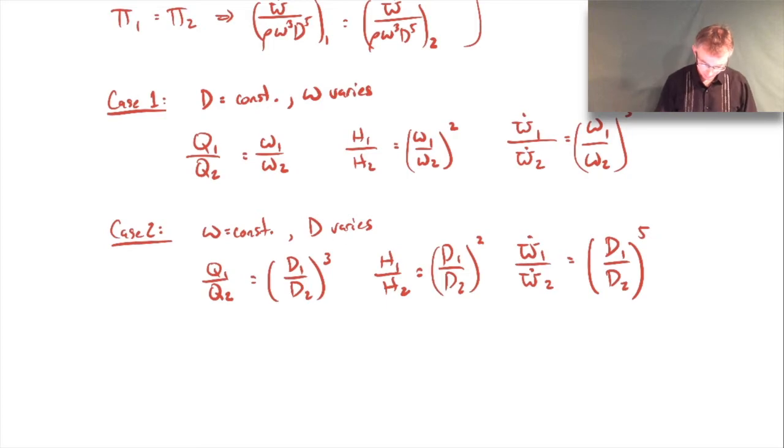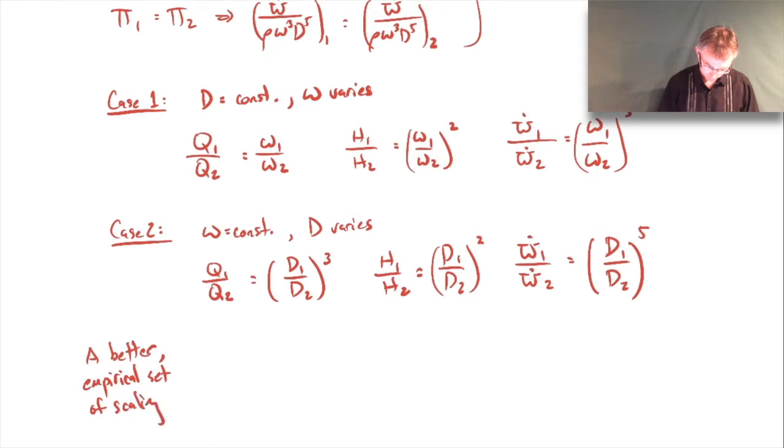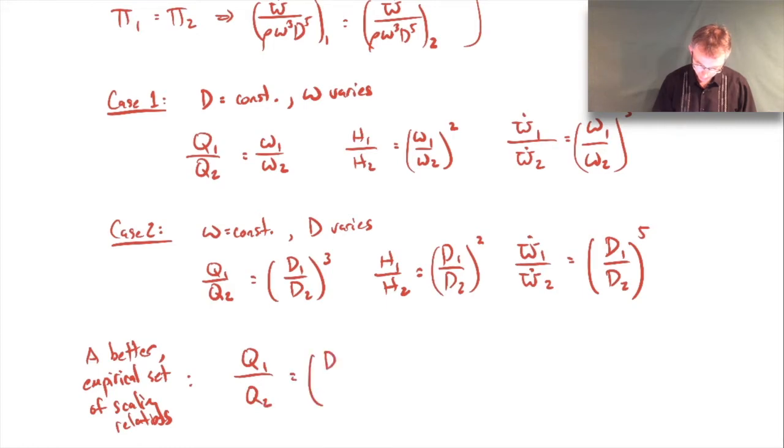So we'll just say this is a better empirical set of scaling relations. Okay, so again, these come from just trying to do a better job by basically curve fitting data.